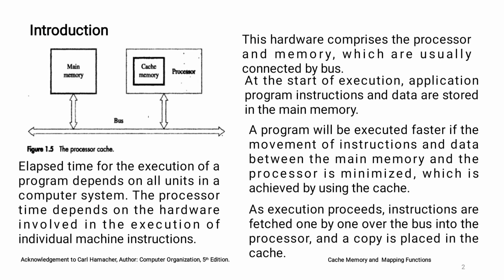Hence it can very quickly access the needed data and instructions. So access time is reduced, execution time is reduced, hence the speed of the computer will be increased. Okay, so cache is for increasing the speed of the computer.